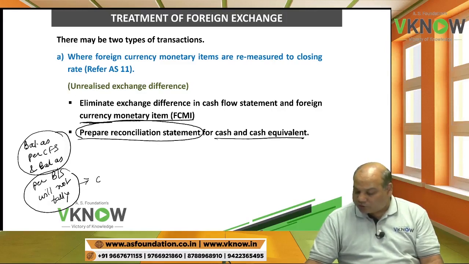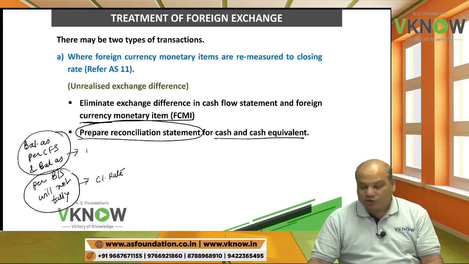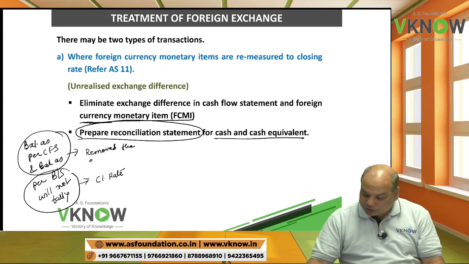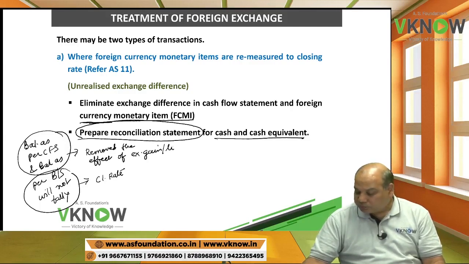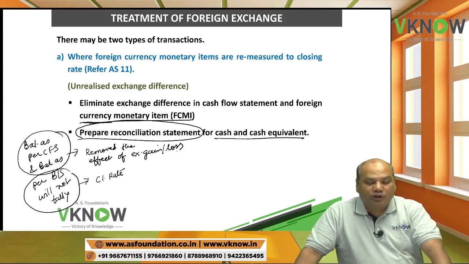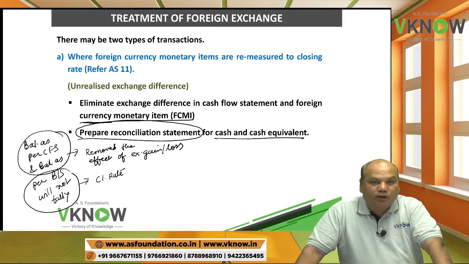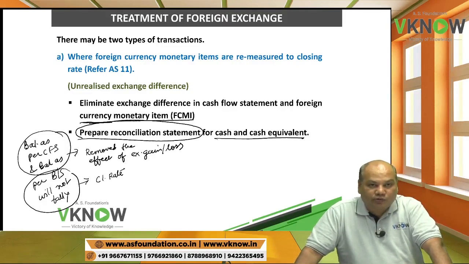As per balance sheet, we will take it at closing rate. But in the cash flow statement, we have removed the effect of exchange gain or loss, whereas in the balance sheet, we are going to record it at closing rate.